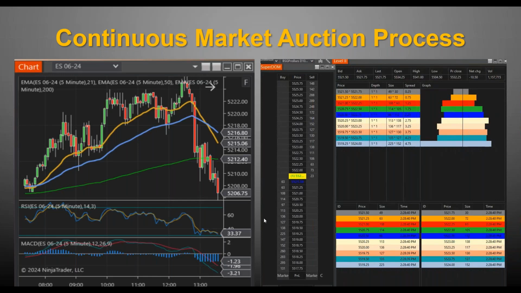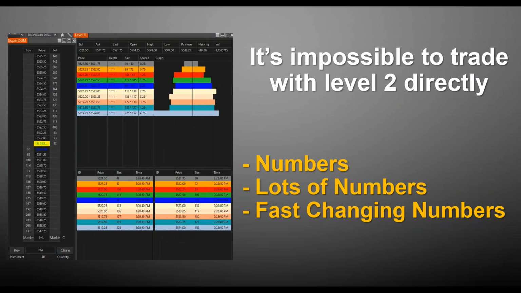If you don't think about the auction process, then you'll be searching for something in the real dark. I told you just now that level two is the most critical information you have to trade. But the question is, the DOM or level two is lots and lots of numbers.